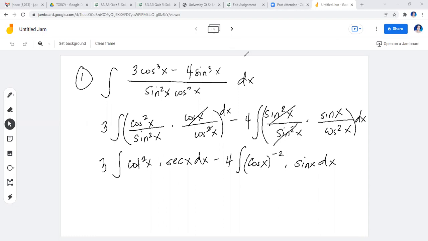Okay. Use Pythagorean identity for cotangent squared.